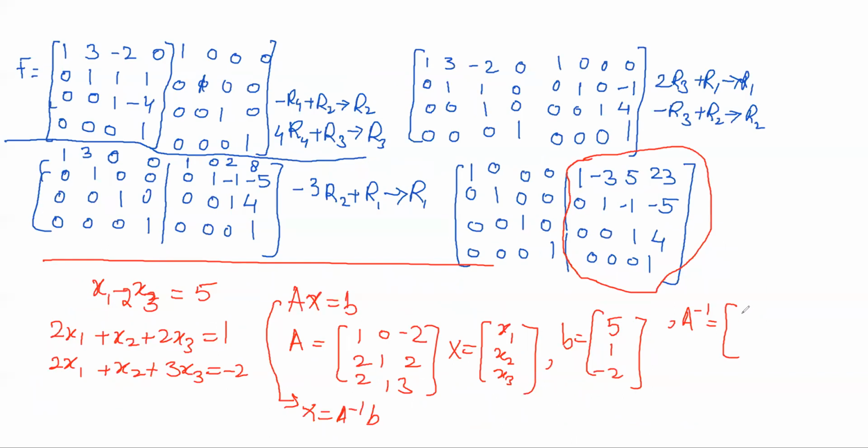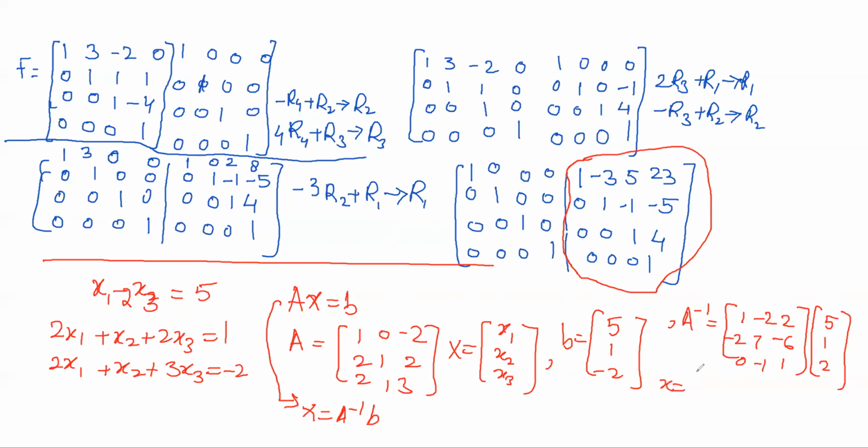Now if we take this inverse matrix and multiply it with the matrix B, 5, 1, 2, the multiplication will be the solution.